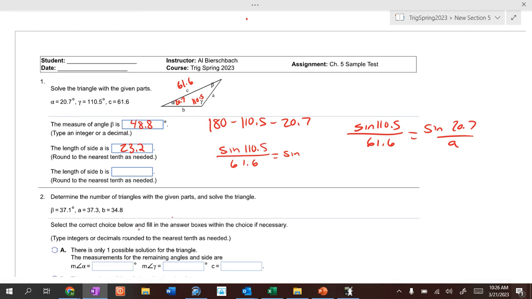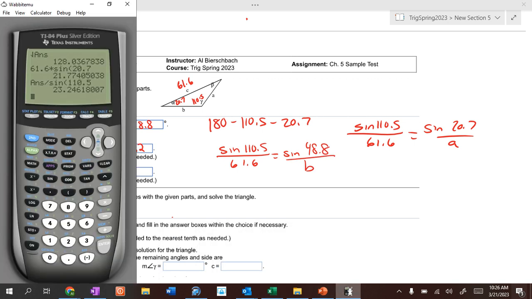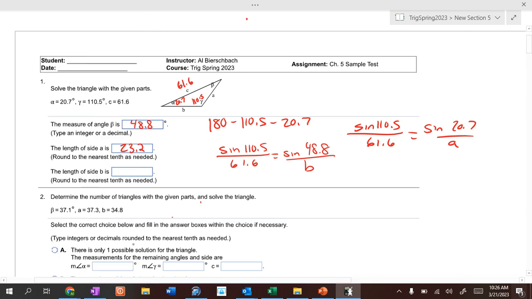And so then to find B, its opposite of beta, which we just found is 48.8 over B. So we go through the same process, 61.6 times the sine of 48.8 divided by the sine of 110.5. So 49.5. Okay, we good with that.